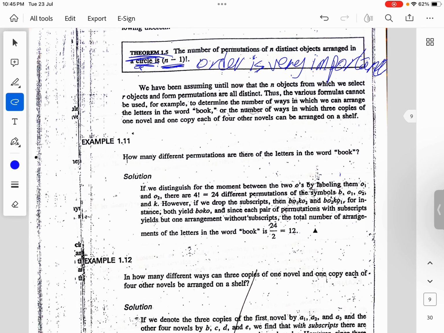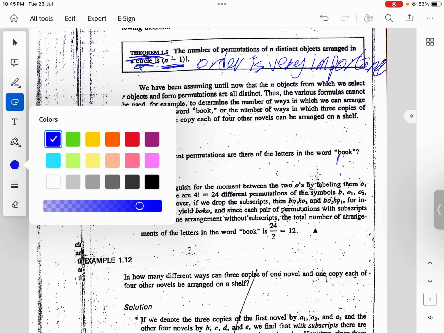How many different permutations are there of the letters in the word book? Notice the word book. First letter, second letter, but you have B, one letter.